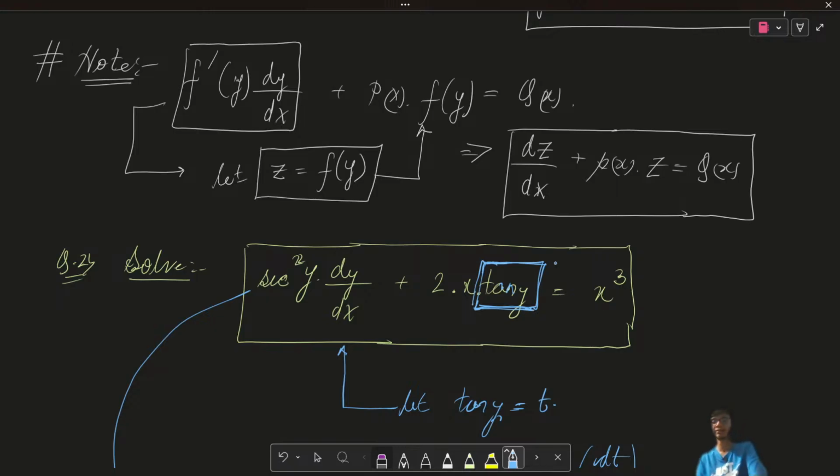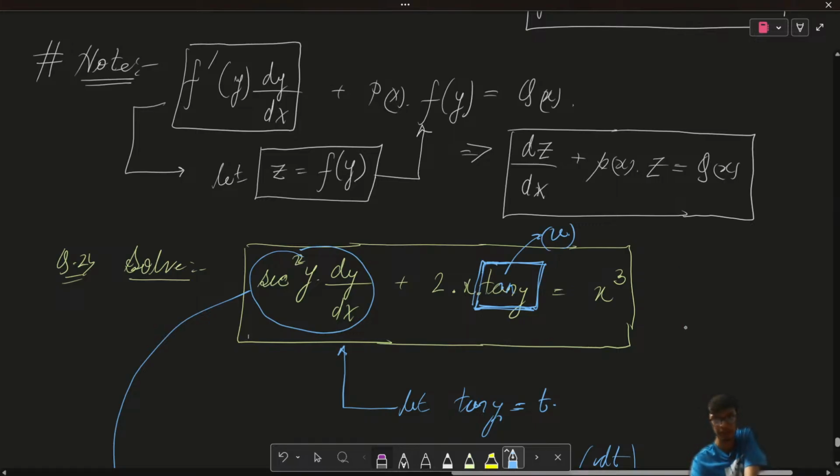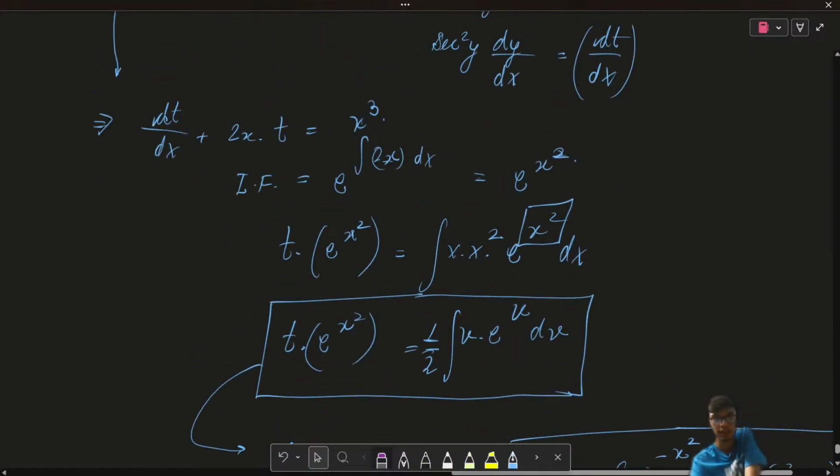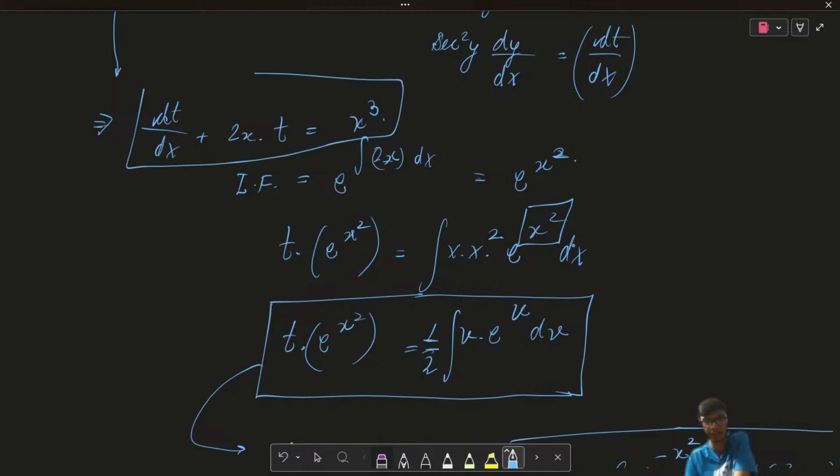So what I did is that I assumed this particular thing as some variable v or t, so that this part becomes simple. If I do that transformation, this form will become a linear differential form that you can see over here. Now this is a linear differential form.